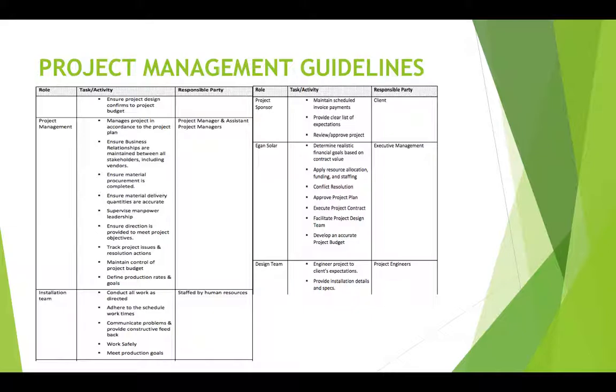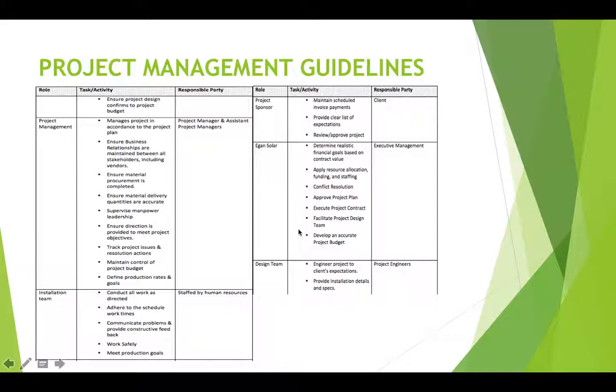Our guidelines to managing the project, you'll have to excuse me, these are flipped. We list the roles, activities assigned to the role, and the party responsible to ensuring that those tasks are completed. For example, the role of Egan Solar will be to apply resource allocation, funding, and staffing for our project.